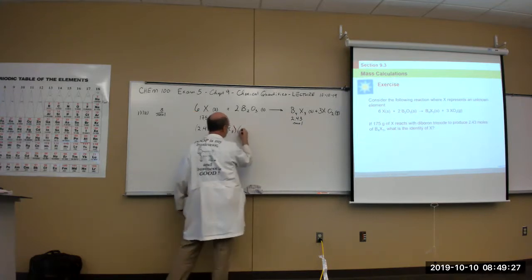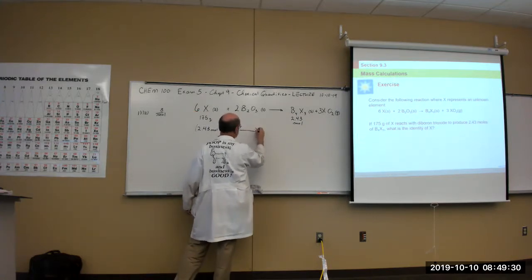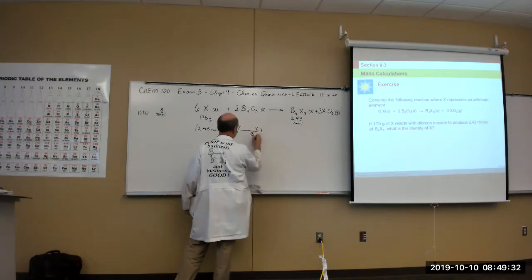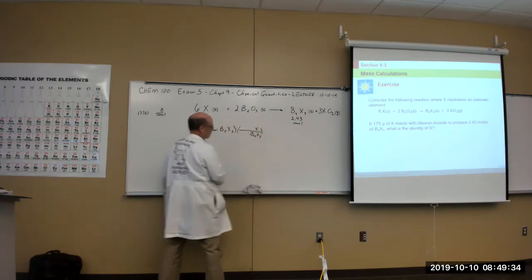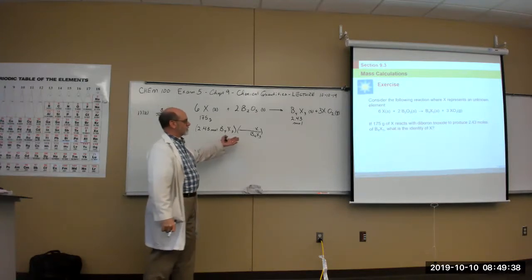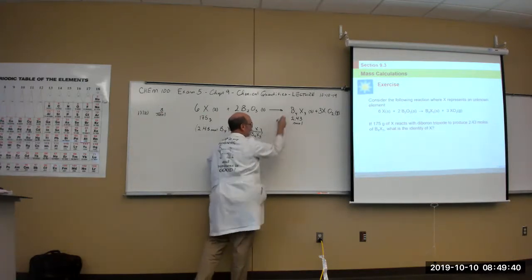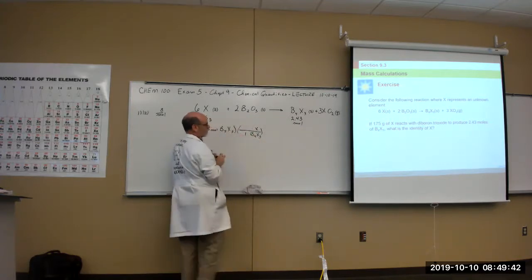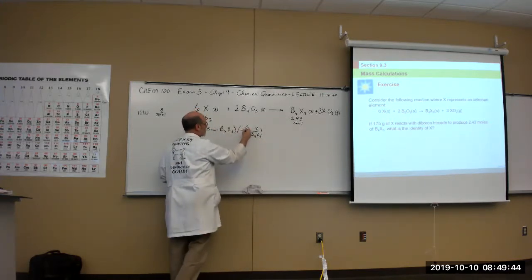And we need a conversion factor that will give us that. Right? So the ratio comes from the coefficients. Right? This is a 1. Don't forget that. That's a 1. And this is a 6.